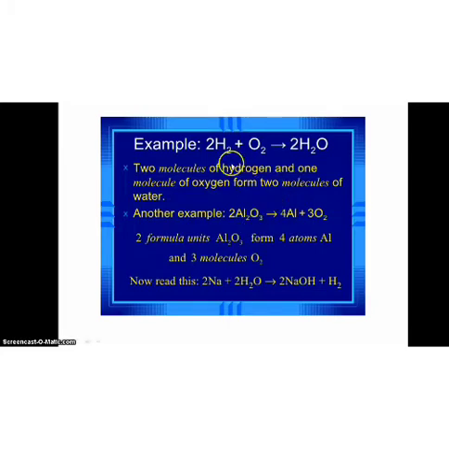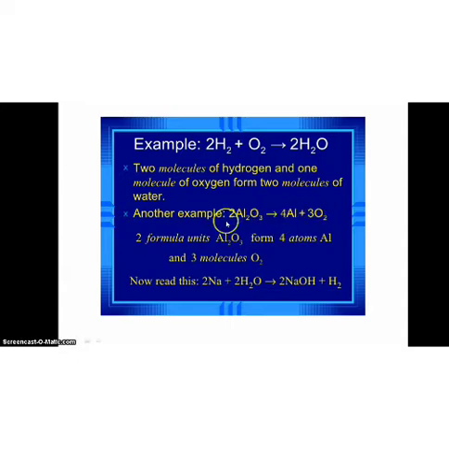So, in this equation 2H2 plus O2 giving 2H2O, 2 molecules of hydrogen react with 1 molecule of oxygen to form 2 molecules of water. Another example, 2Al2O3 giving 4Al plus 3O2.